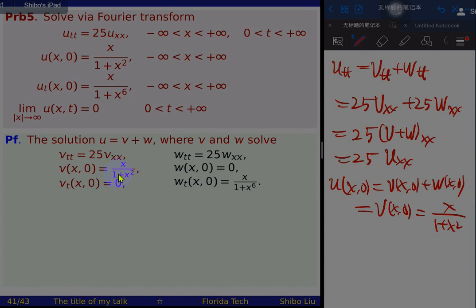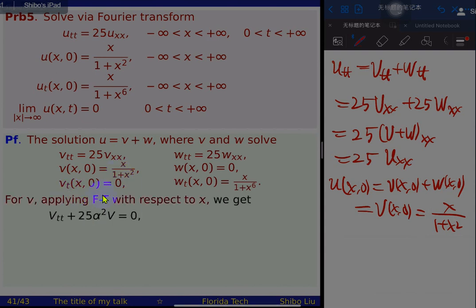These two simpler problems can be solved using Fourier transform. So for v, we apply the Fourier transform with respect to x. The PDE becomes V_tt equals minus 25 alpha squared V. Then moving the 25 alpha squared V to the left hand side, we obtain this ODE.